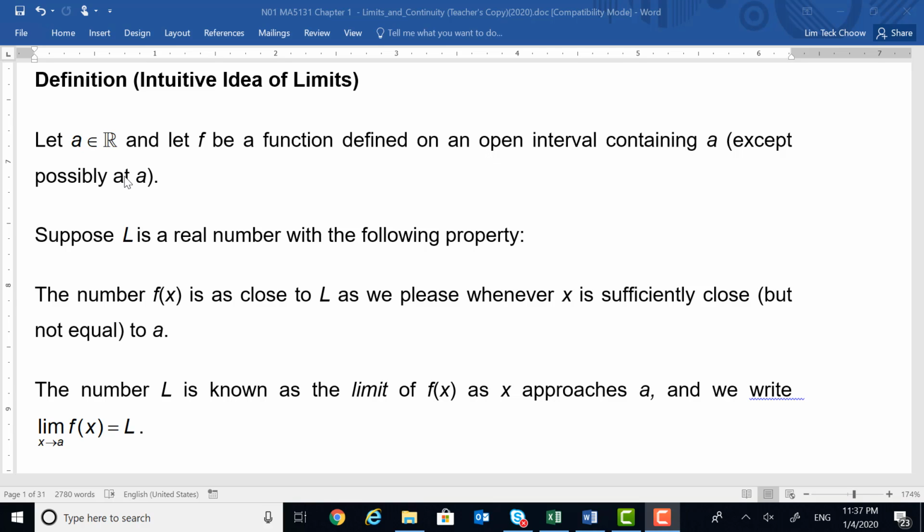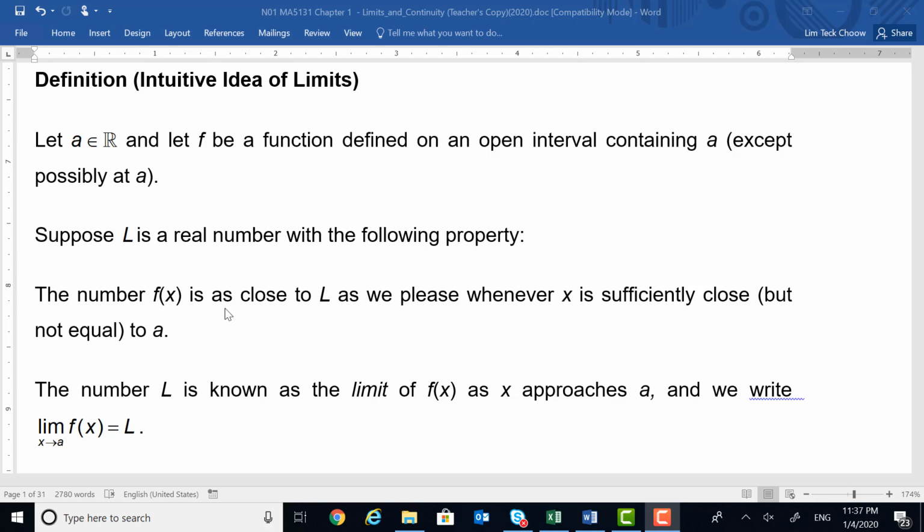And at the point a itself, this point a need not be included, right? So the function is defined both on the left and on the right of a. Now to say that the value L is the limit, what we mean is this function will go very, very close to L. Remember in the earlier example, our L was 2.